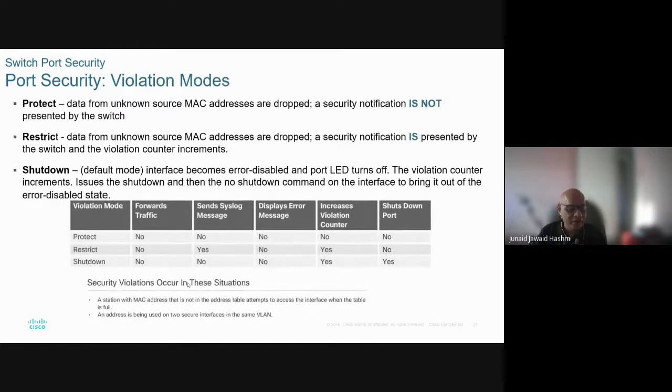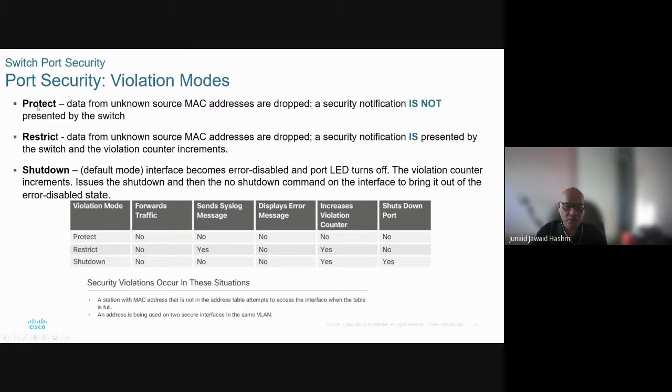Okay, so what exactly happens if there's a violation? What if somebody disconnects your server from the switch and attaches their own laptop to that port? There are different violation modes, meaning different actions the switch will take once there's a violation.